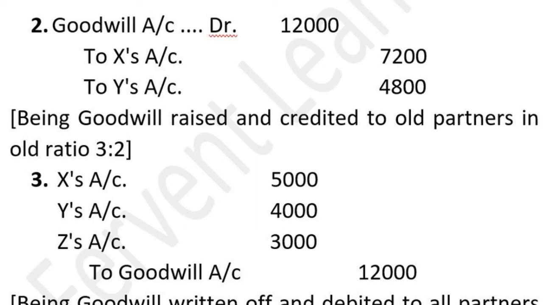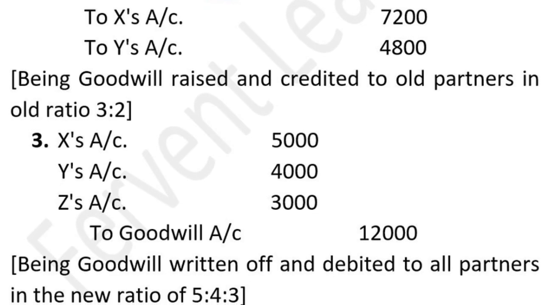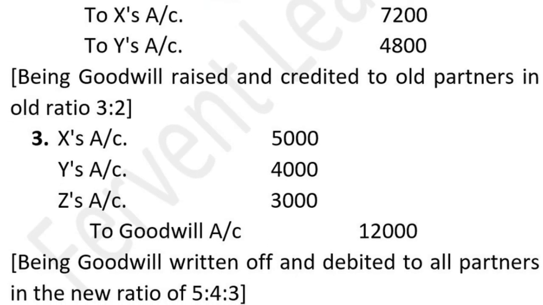Now, we will write off goodwill considering all three partners. So, entry is X account debit 5,000, Y account debit 4,000, Z account debit 3,000 to goodwill account 12,000. Here we divide the whole value of goodwill, that is 12,000, in the new profit sharing ratio, which is 5:4:3.